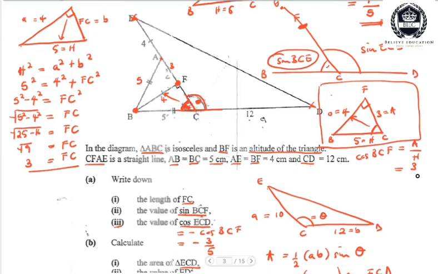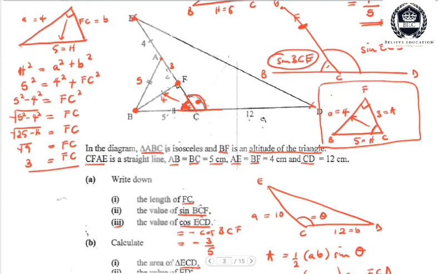So what has happened is that I want sine BCE. So if I want my sine BCE, I'll just replace here with F, right?